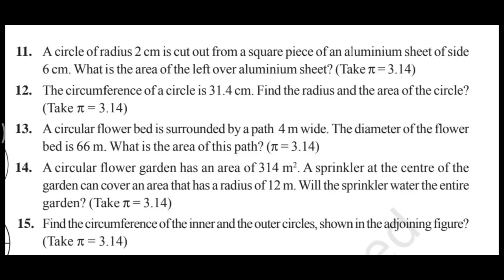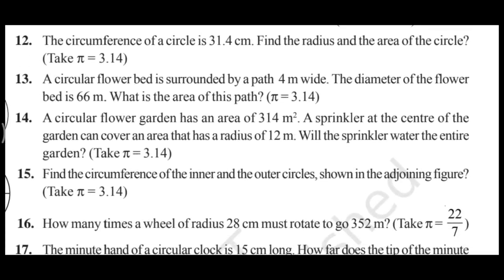Now this is question number 13. A circular flower bed is surrounded by a path of 4 meter wide. The diameter of the flower bed is 66 meter. What is the area of this path? So we will find out.